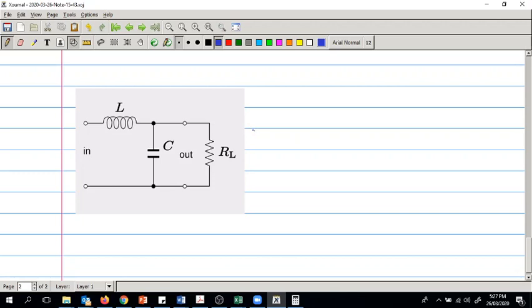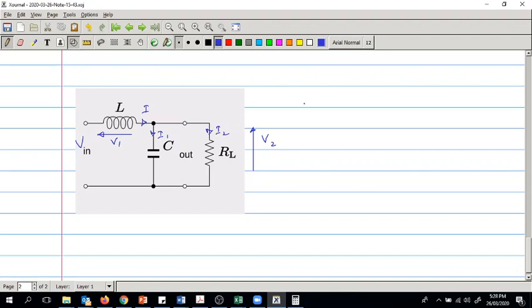Let's label this as V2 and this as V1 and this as V in. Also the currents, we need the currents as well, so we will mark this as I and I1 and I2.